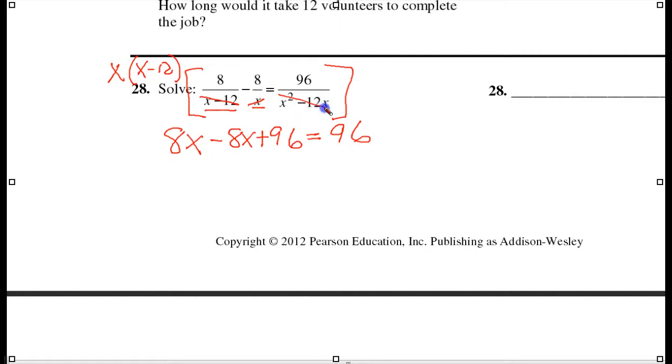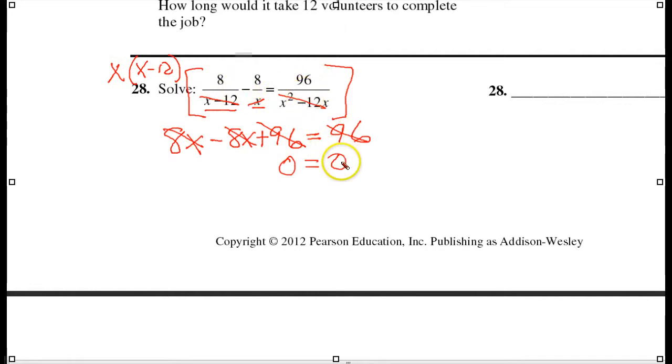Now, notice this all cancels out here, and it's just 96. Well, here these cancel out. Here these also cancel out as I subtract 96 from both sides. So I get 0 equals 0. Whenever we have a case like this, we have an identity, that this is actually equal to that.